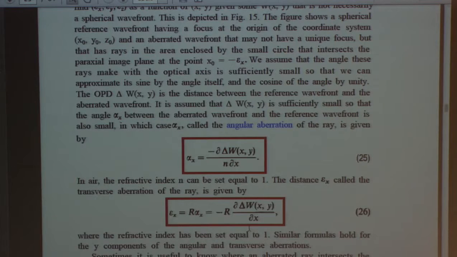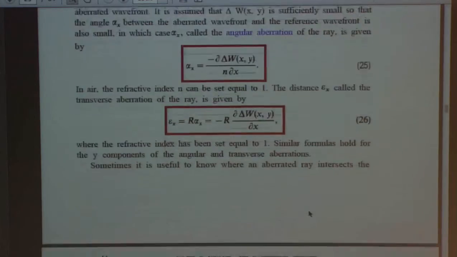Okay. And a lot of times in optical testing, you end up measuring the transverse aberration. So this turns out to be an interesting quantity here. And you have a similar formula for both the y component of the angular aberration and the transverse aberration.